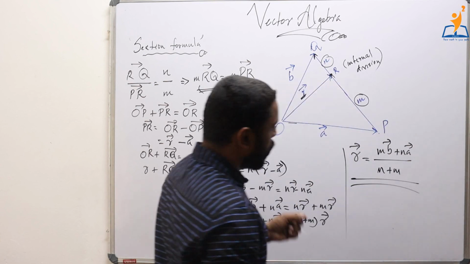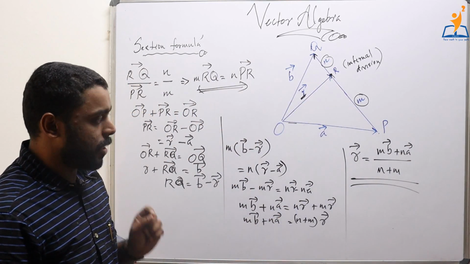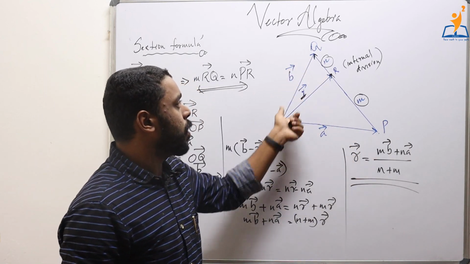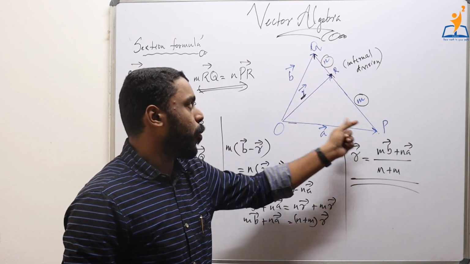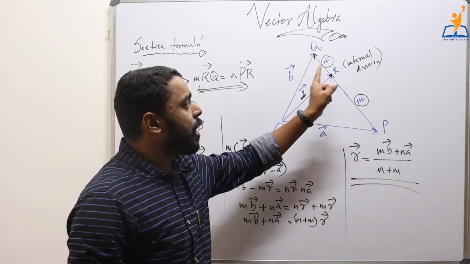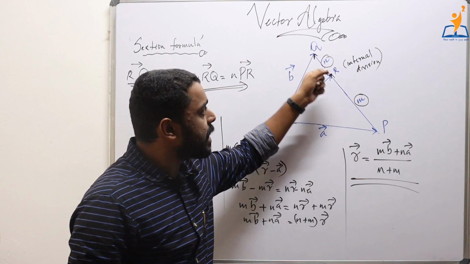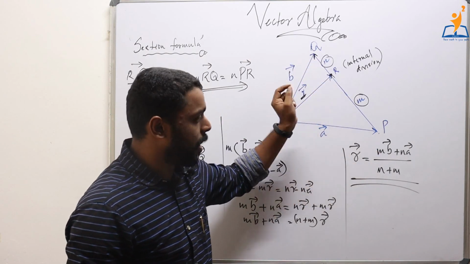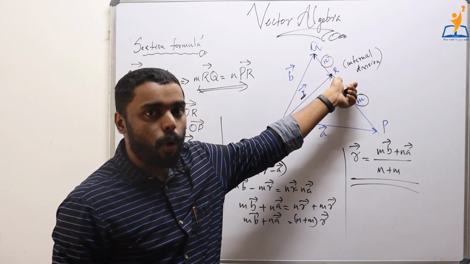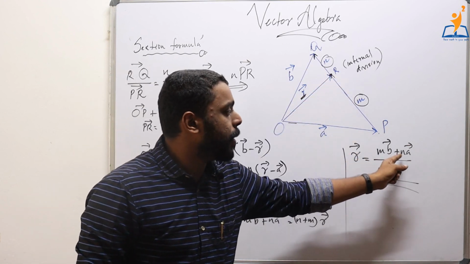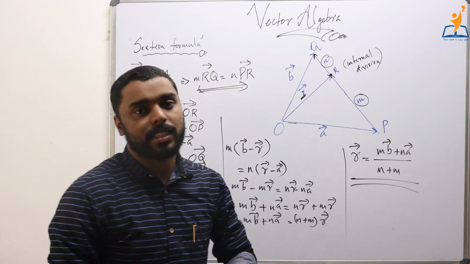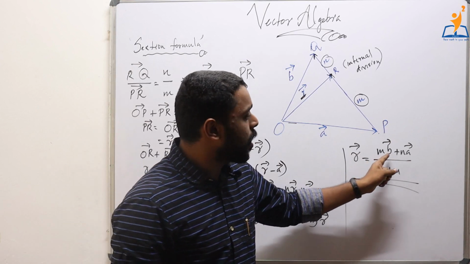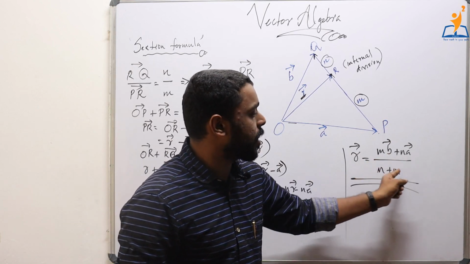See? So, if we are given 2 points, say P and Q, and the position vectors from the origin to those 2 points are respectively B and A, and if R is a point which divides this entire line in the ratio N is to M, then the position vector of the point R is MB plus NA divided by N plus M. In order to find the position vector of the point, we only require the position vectors of those 2 points and the ratio.